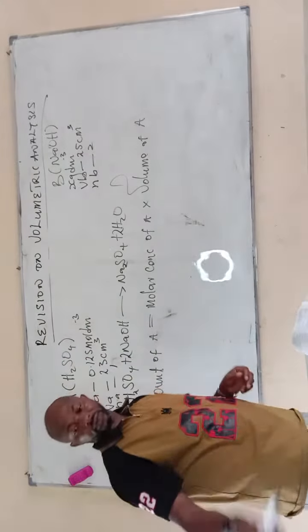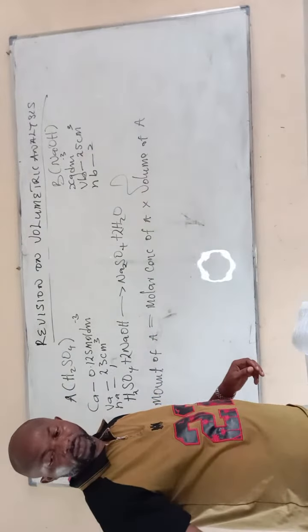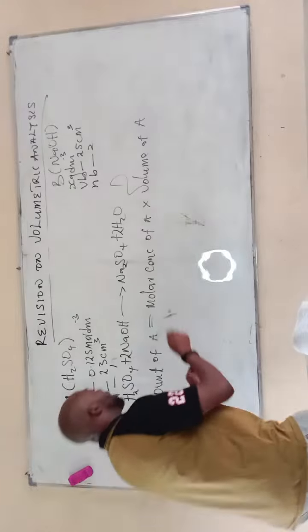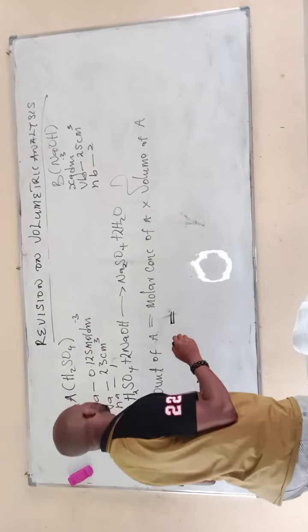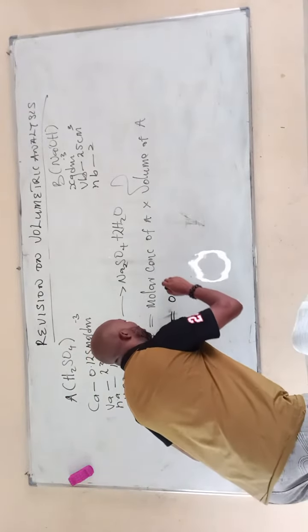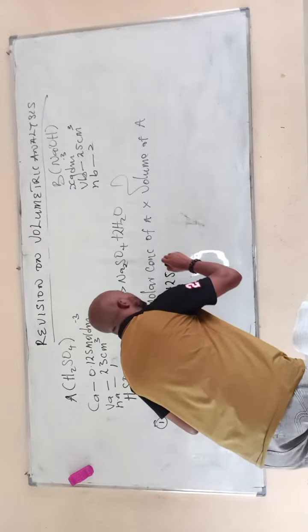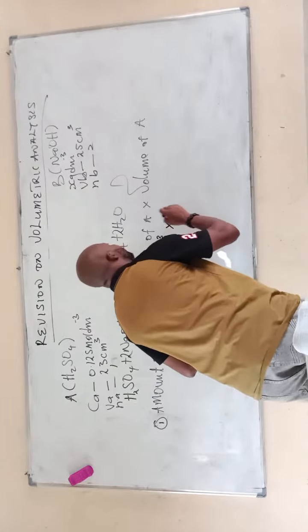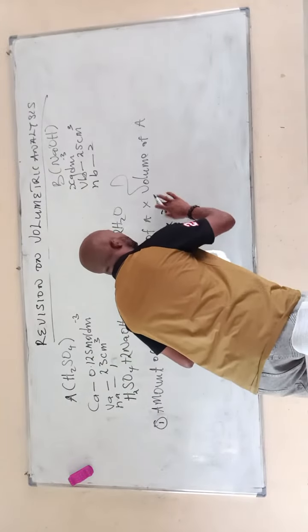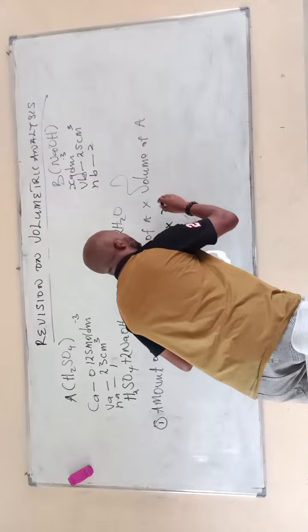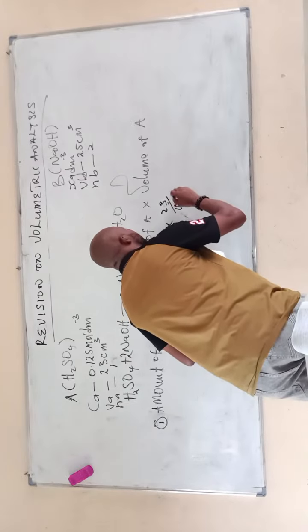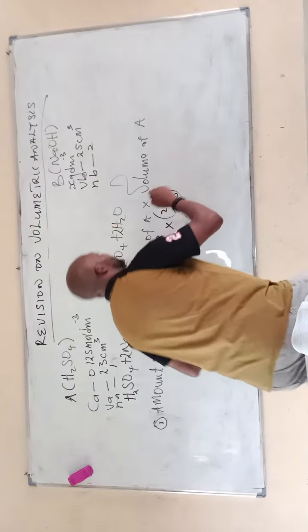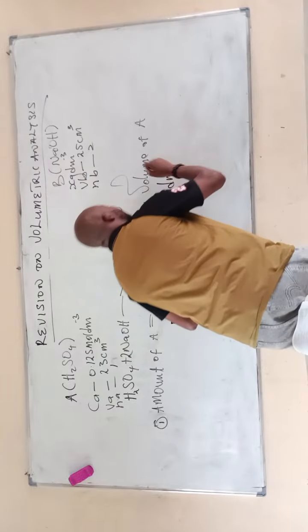Dm cube. Now, the concentration is 0.125 mole per dm cube times the volume, which is 23 over 1000. I put my dm cube outside.